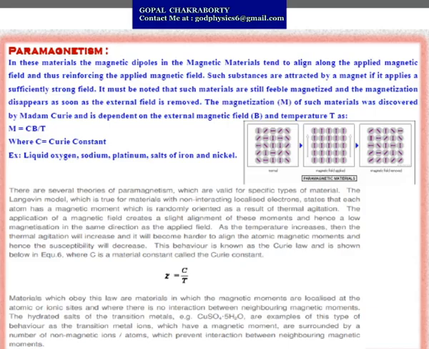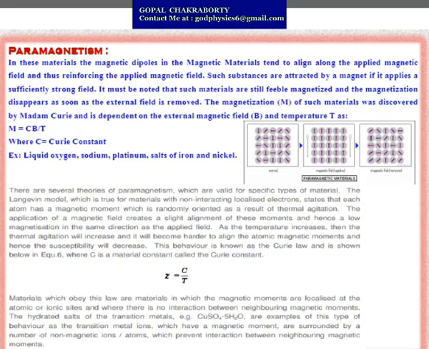Materials which obey this law are materials in which the magnetic moments are localized at the atomic or ionic sites, and therefore there is no interaction between neighboring magnetic moments.